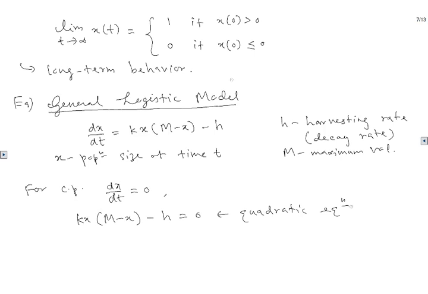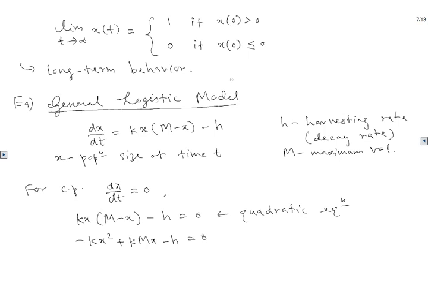So what we can do is write this in ax squared plus bx plus c form. We can expand this first. If you expand it, this is going to be negative kx squared plus kmx minus h equal to 0.